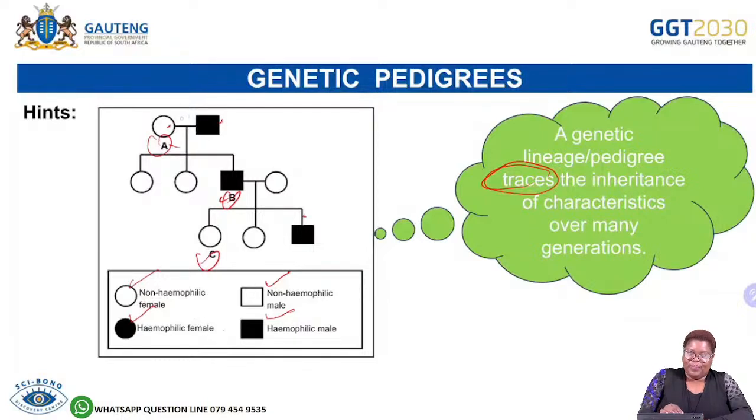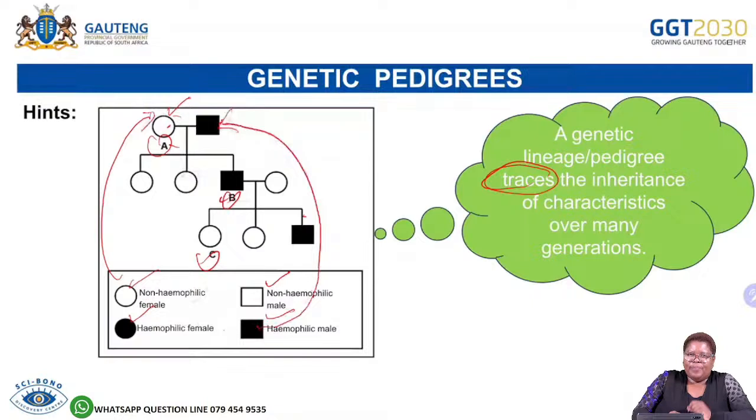So we're saying a non-hemophilic female marries a hemophilic male. That's how you should put your concepts. Right? If a non-hemophilic female marries a hemophilic male, these are the chances of their children.